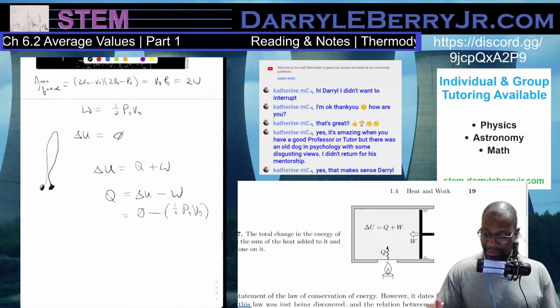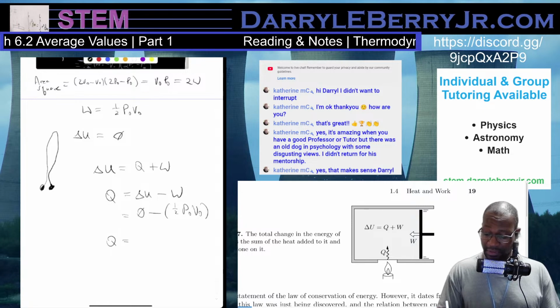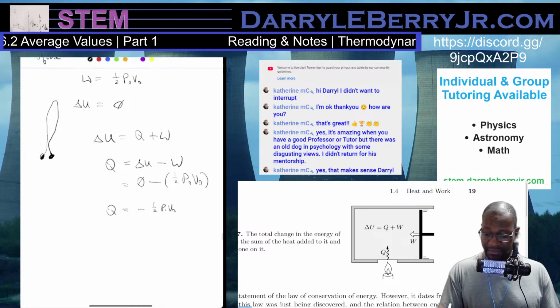So that means that the energy is negative 1/2 P naught V naught for this entire process.